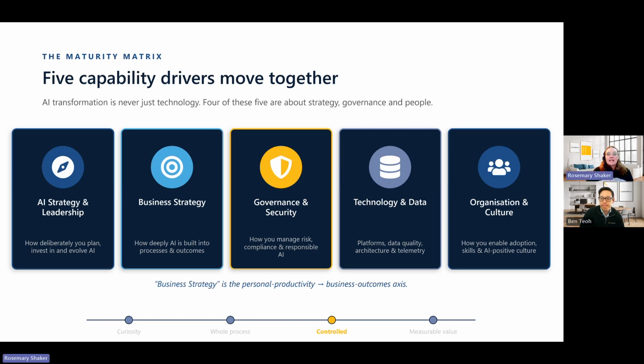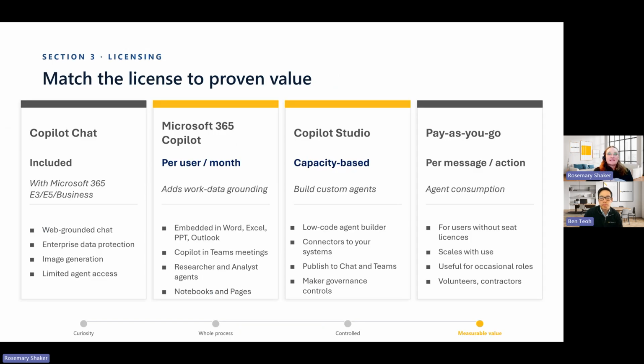Yep, that's right. I know we're coming to the end of our time, so I'll just add a little bit about licensing. If anyone's not sure about the Copilot license structure, because there are a lot of different Copilots, Microsoft has named all of their generative AI assistants with a Copilot name. In the Microsoft 365 stack, we have a number of different options. We have Copilot Chat, which is part of your licensing structure, so you get that with your Microsoft 365 E3, E5 or business licenses.